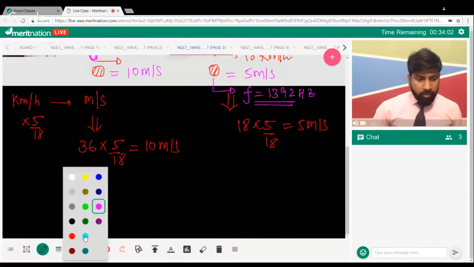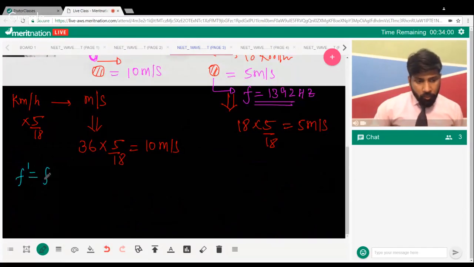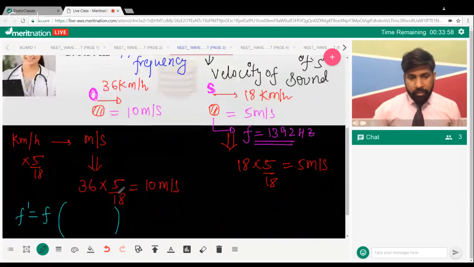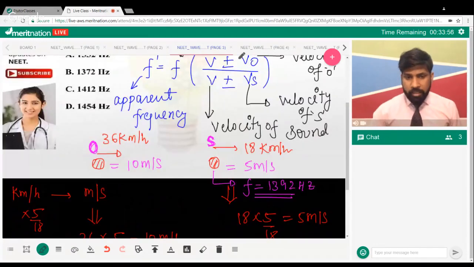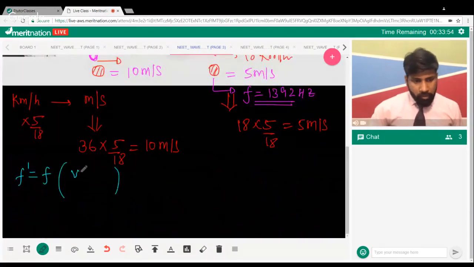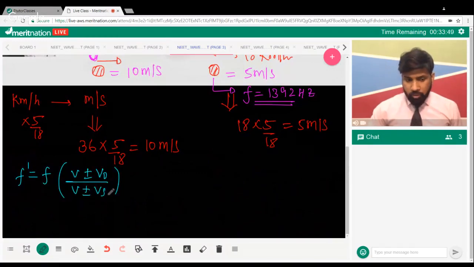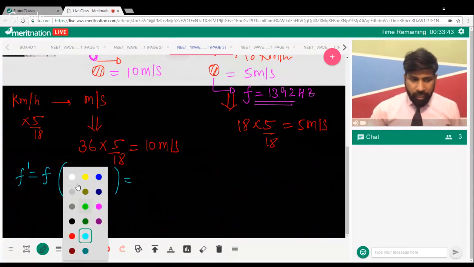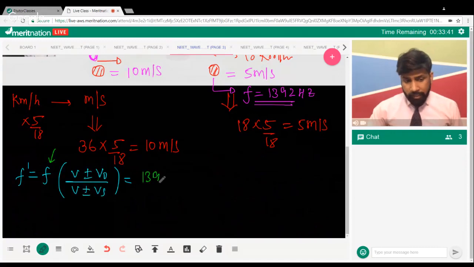You can see f dash equals f. According to the formula, this is v plus or minus v naught divided by v plus or minus vs. We need to check whether to take the positive or negative sign here. F is the actual frequency, that is 1392.